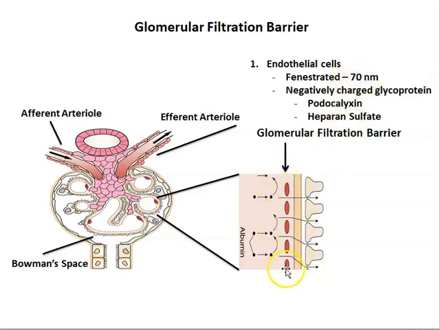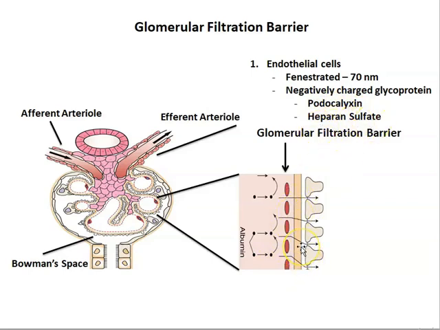So the first feature is that these cells are fenestrated and porous, and the second feature is that the cell membrane contains negatively charged glycoproteins such as podocalyxin and heparan sulfate.